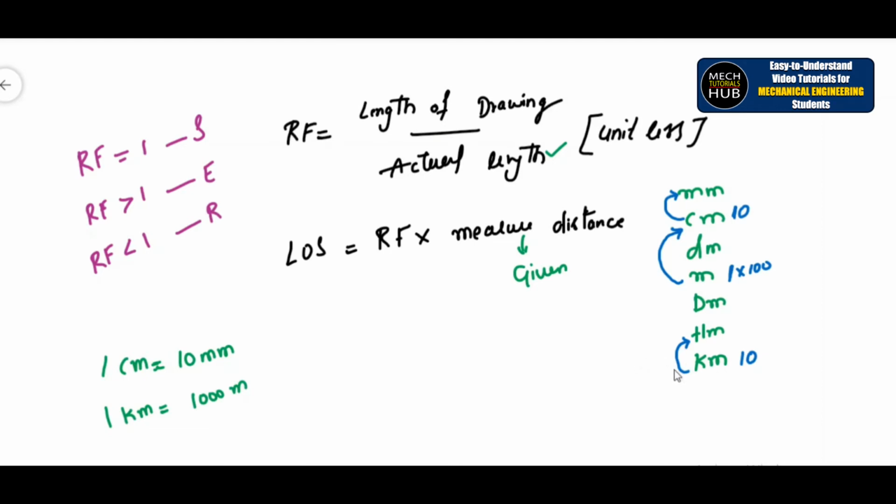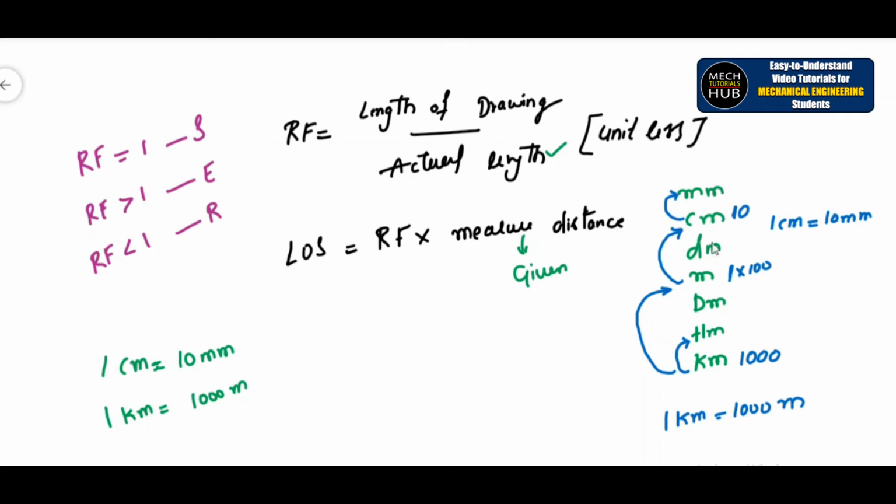From kilometer to meters, you need to place 3 zeros. 1 kilometer is equal to 1000 meters. Similarly, 1 centimeter is one step ahead, so 10 millimeters.